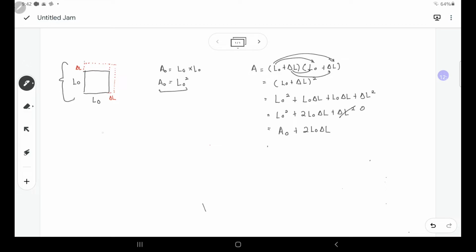Alright, so from the linear equation, you know that delta L is equal to alpha L naught delta T, right? So you can substitute this equation into this equation.